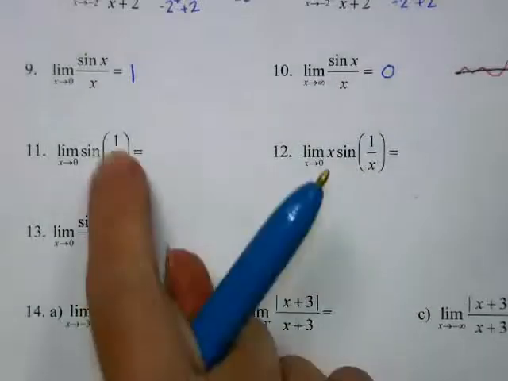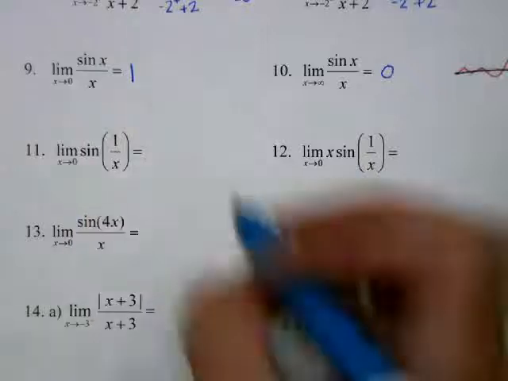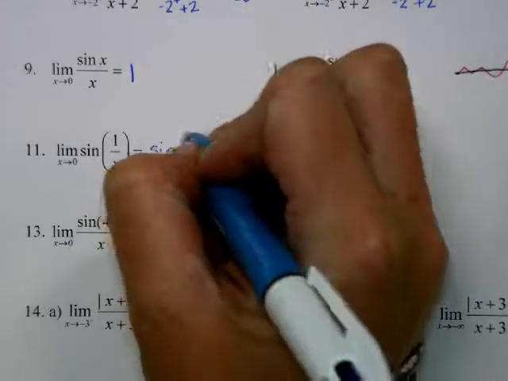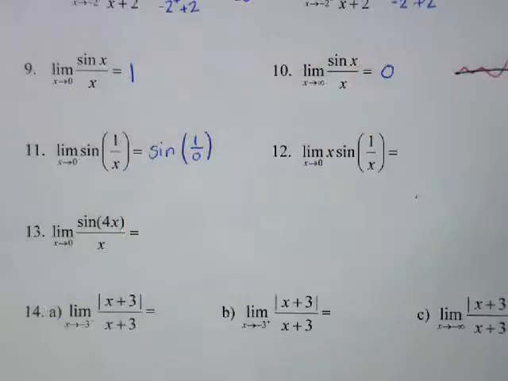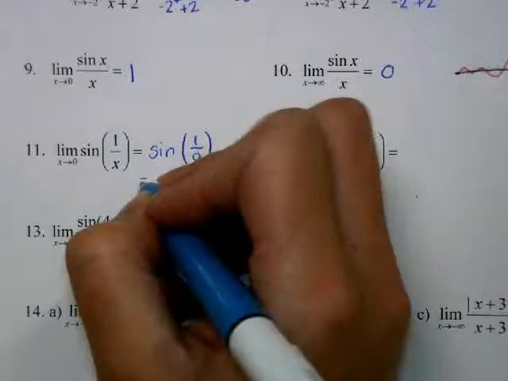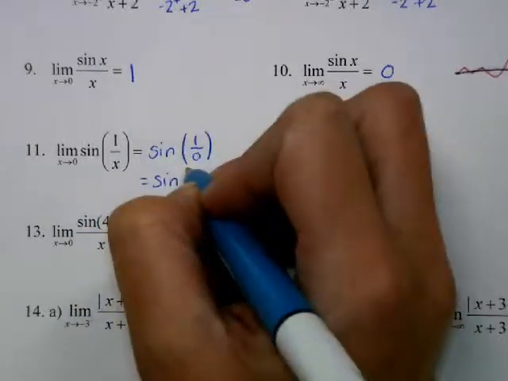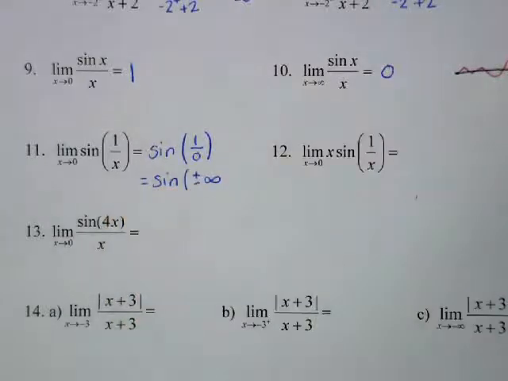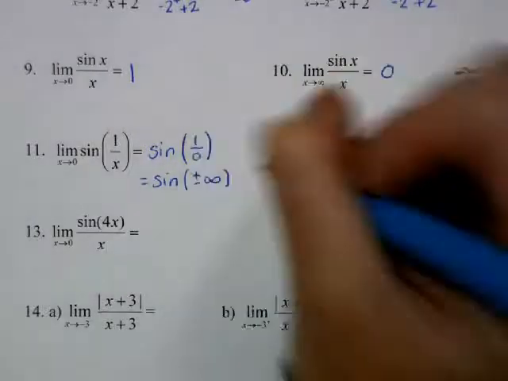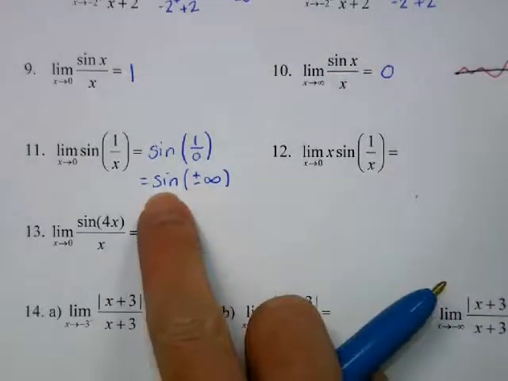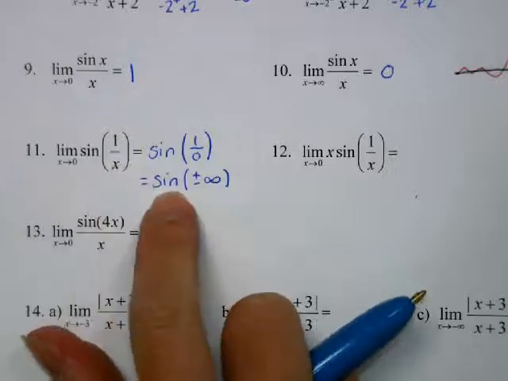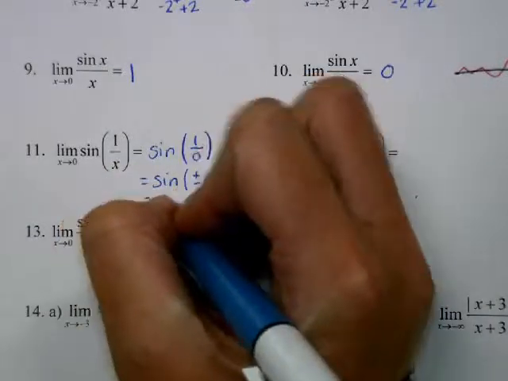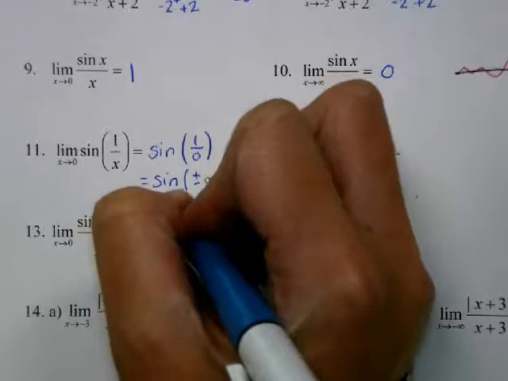Okay, this next one, we have sine of 1 over 0. So this thing can be pretty much any value between negative and positive infinity. But we're taking the sine of it. And really from the beginning, we could have said this. But this is either going to be between negative 1 and 1.